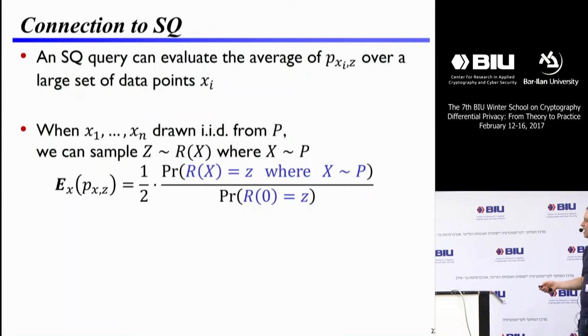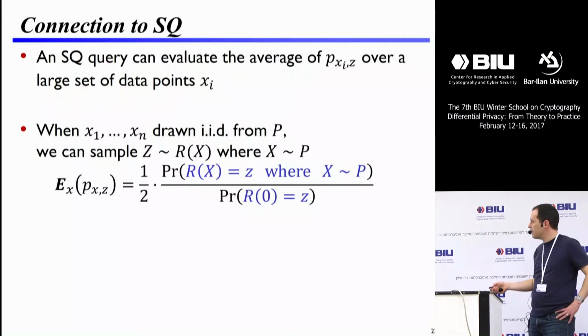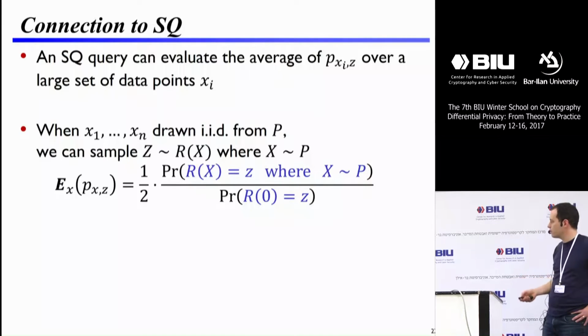Then if I use that average to do this rejection sampling trick, when the data are drawn IID from some underlying distribution P, we can sample from the correct distribution that I would get by picking a fresh sample from P and running it through the randomizer.